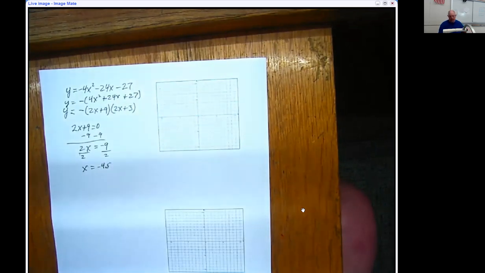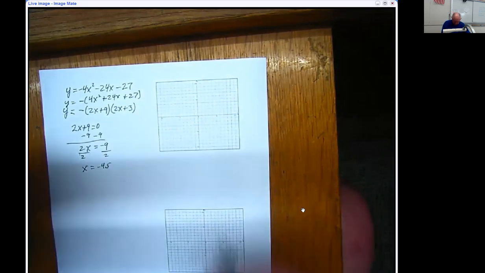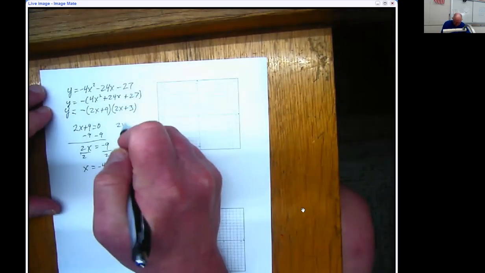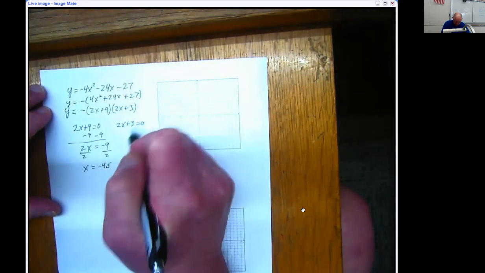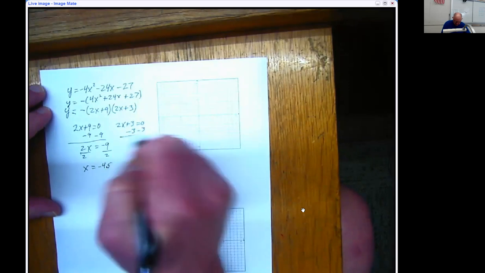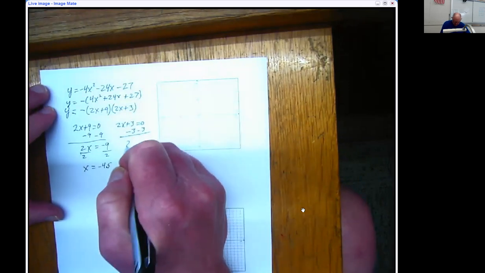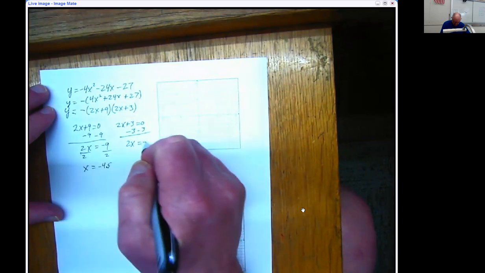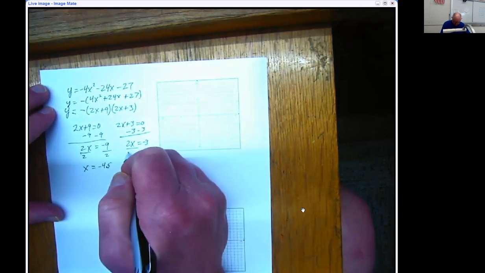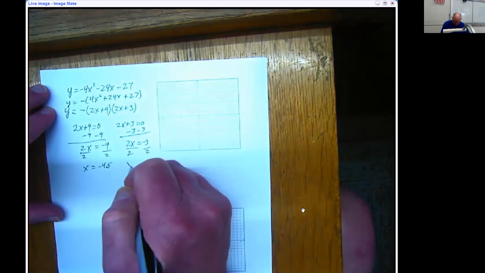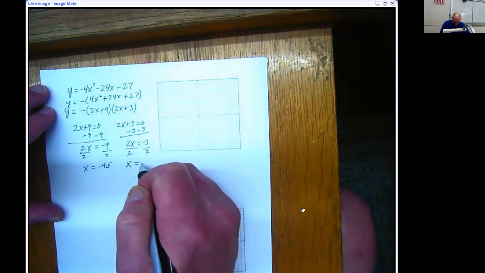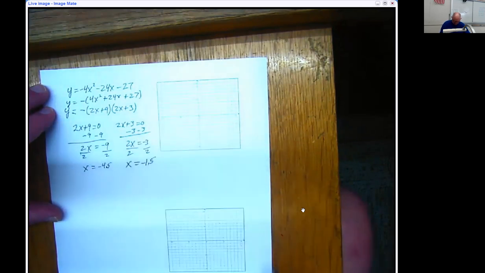Okay? And then if I look at the second one, I've got 2x plus 3 equals 0. Subtract 3. And then I have 2x equals -3. Divide by the 2. X equals -1.5.